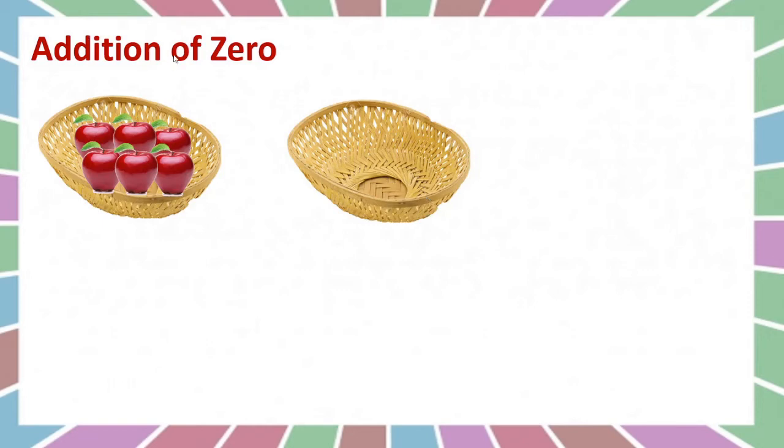Okay, here addition of 0. So let us add the apples from both the baskets and let us know what is the total. Okay, so I will put here plus mark and here equal to. Before that, we will write the number of apples in the first basket, that is 6. Plus, how many apples can you see here in the second basket? 0, correct? Means no apples. So, let us write 0 here.